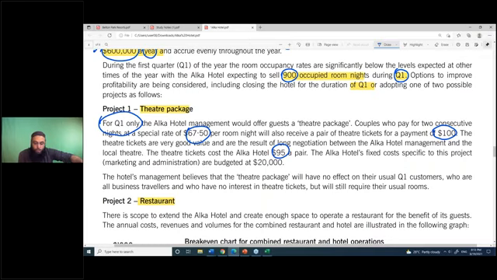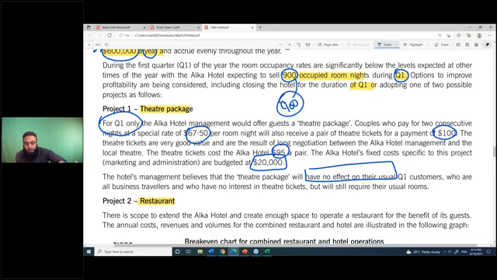The Elka Hotel's fixed cost specific to this project is budgeted to be $20,000. The hotel's management believes that the theater package will have no effect, and that's very important, on their usual quarter one customers, and those are 900.